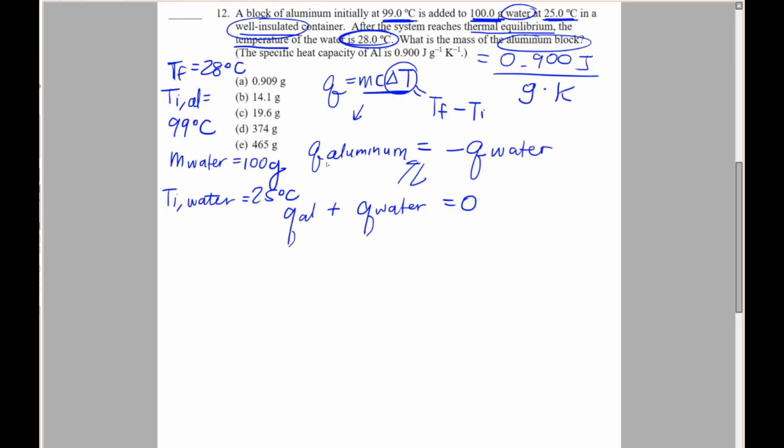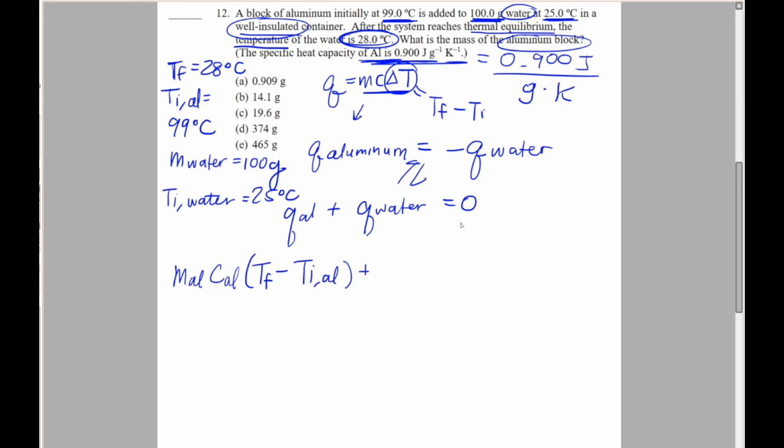So now that we established that, we should probably rewrite this equation again with these terms, and then we can go from there. So Q sub aluminum is going to be the mass of the aluminum times the specific heat of aluminum, which we are given here, times the final temperature, which is the same for both the water and the aluminum, minus the initial temperature of the aluminum.